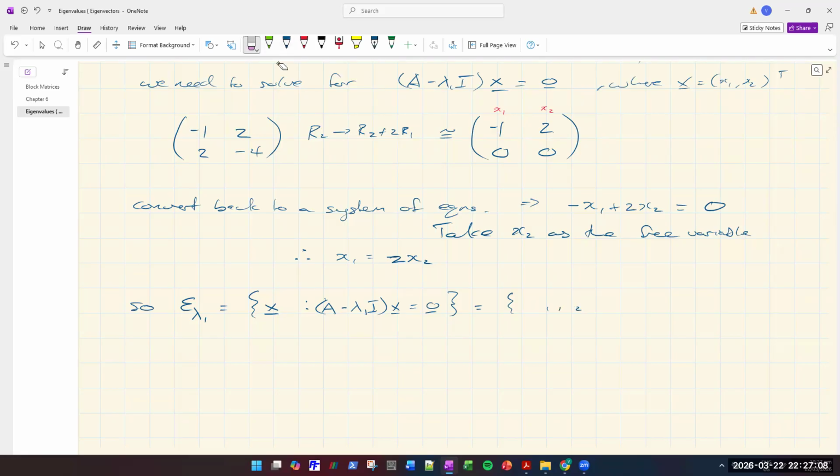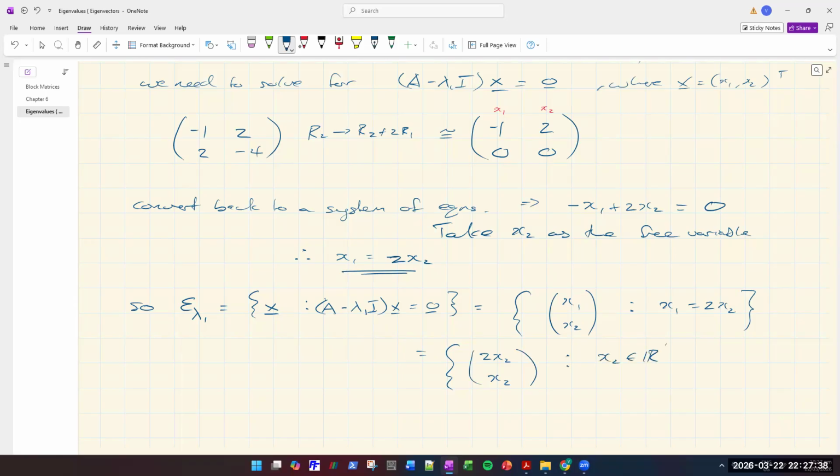Okay, so instead of putting transpose, let me write it as a column one time. So this is x1, x2, such that, what's the condition? x1 is equal to 2x2. Okay, so let me sub that in. So this will be 2x2, x2, where x2 is any real number.